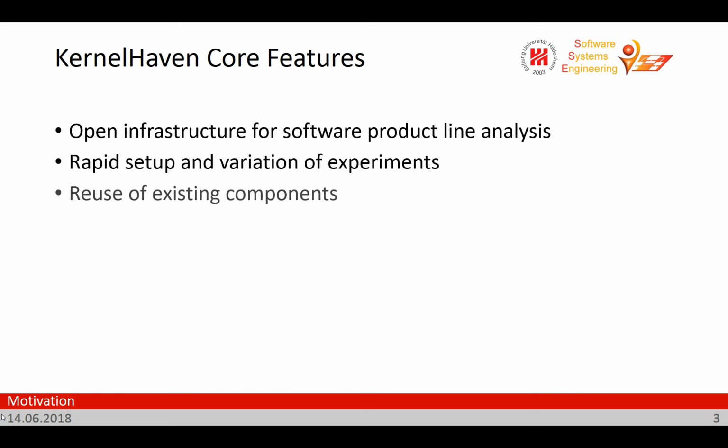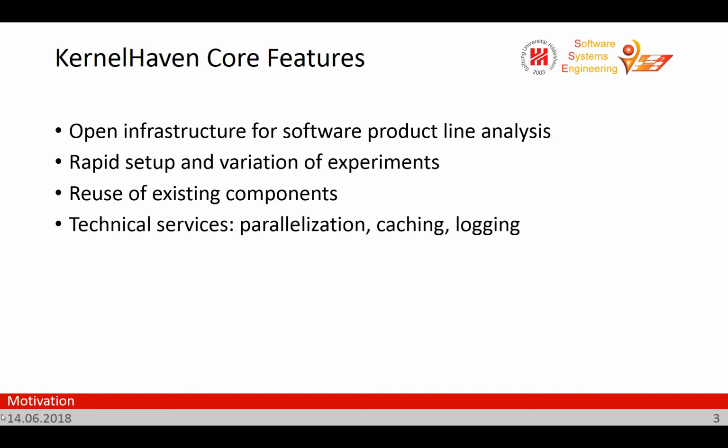This is because we have a reuse of existing components, because there are so many tools in place that do a really good job in what they're designed for, so we don't want to re-implement them every time again. So we can wrap them as plugins for this open infrastructure and reuse them either to reproduce the results other researchers already provided with these tools, or to get new results from these components.